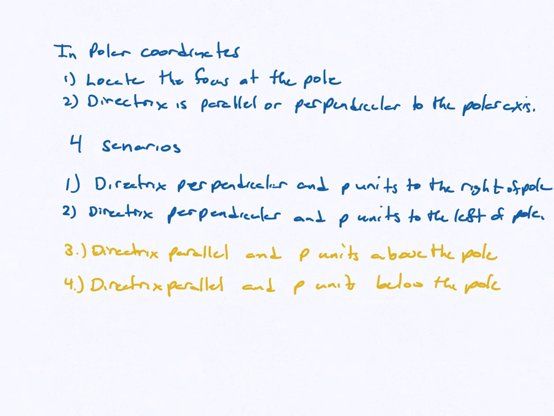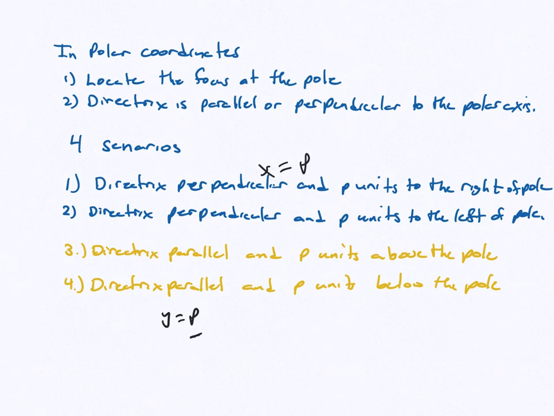When we have a perpendicular directrix, in other words, a directrix with an equation like x equals some number, and when we're doing parallel, we're going to have y equals some number. Okay, so those are the 4 different things. And again, p is a distance in both cases.